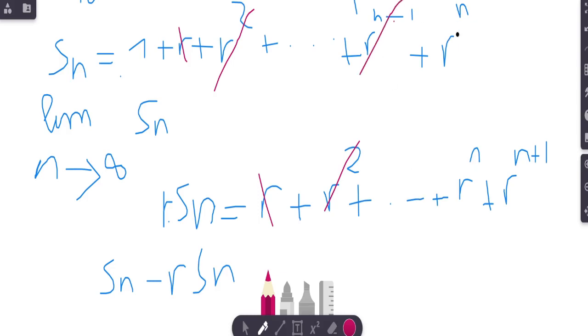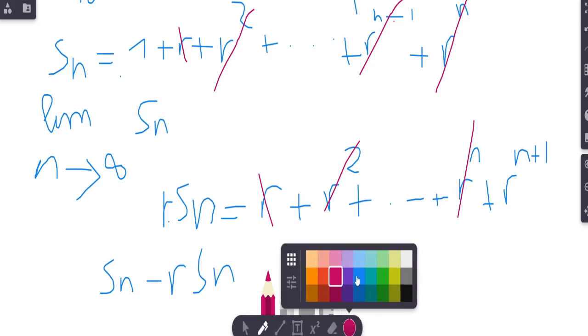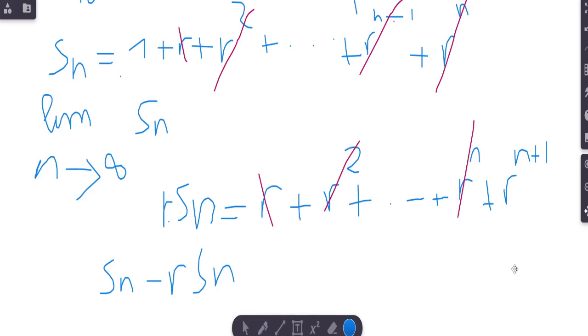And here you have r to the n minus r to the n, so it vanishes as well. Okay, and we are left with only two terms that I am going to write.